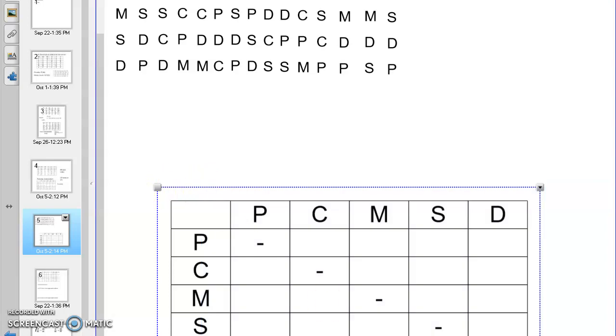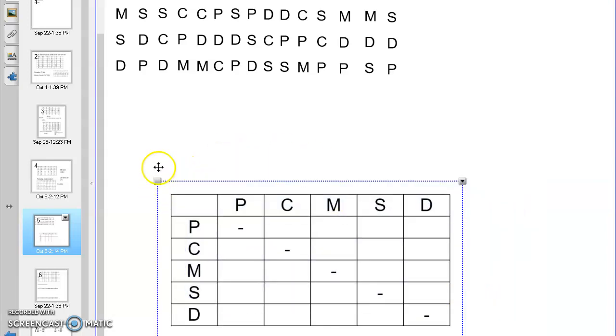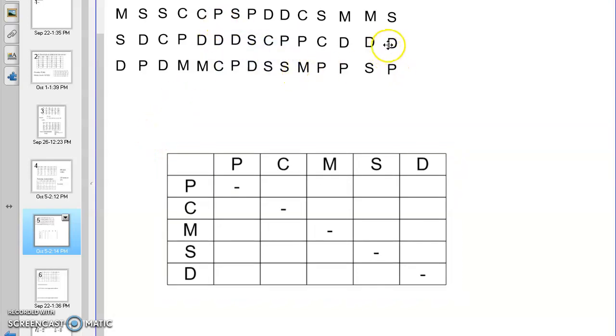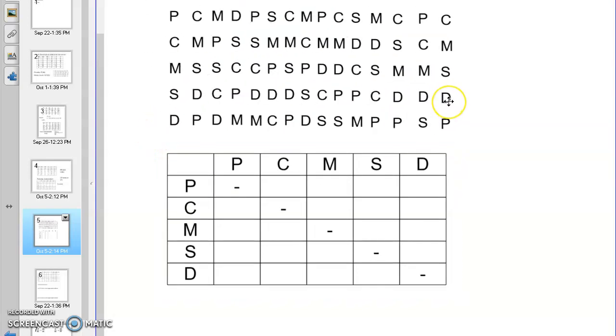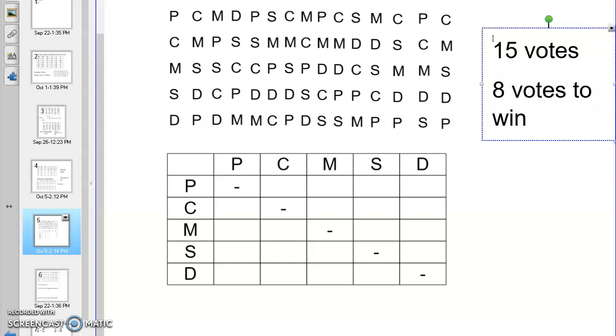Okay, so essentially what we're doing here is we're going by column. Each column is one vote. So there are 15 votes here, and you need 8 votes to win. So you have a majority.